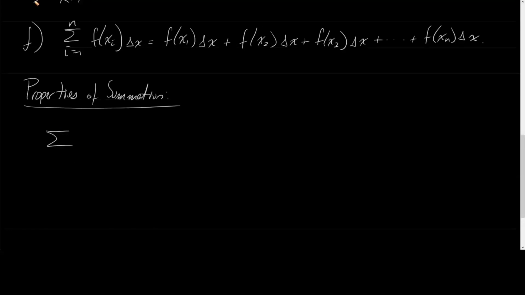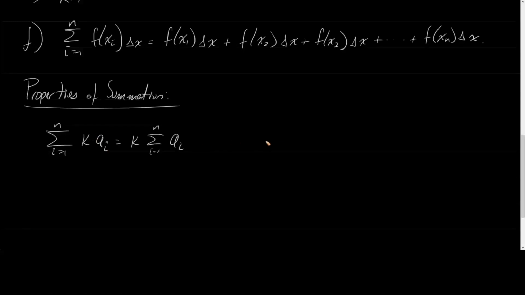I'm just going to say this, using our index i, of a constant times a sub i, well, this is the same thing as saying the constant times the summation of a sub i. So essentially, if our constant is not being affected by our index and is being multiplied into what is being affected by the index, we can just factor it out.